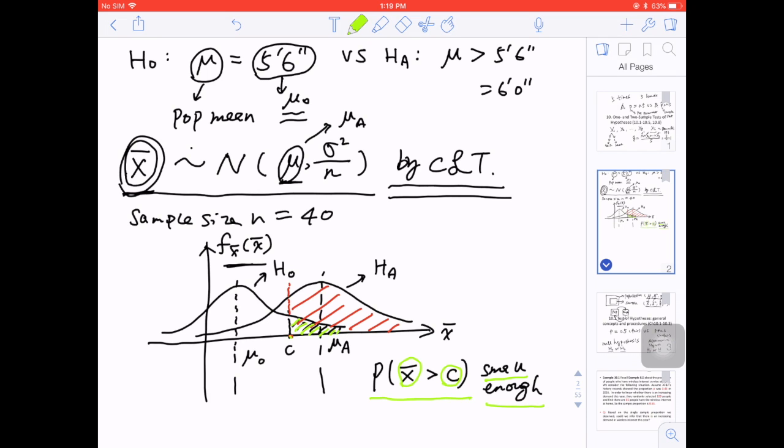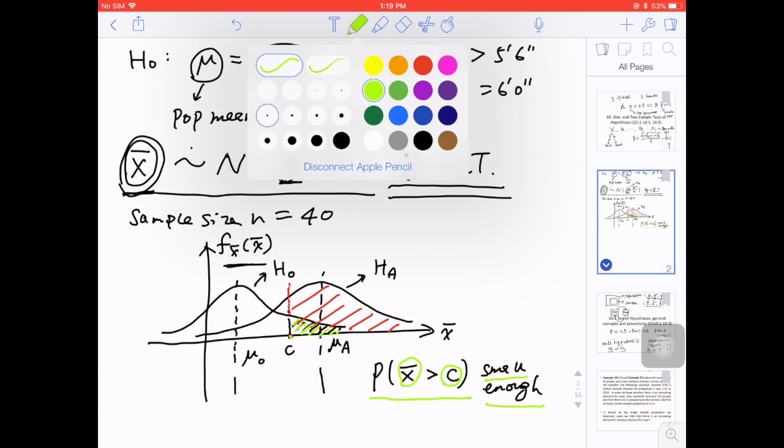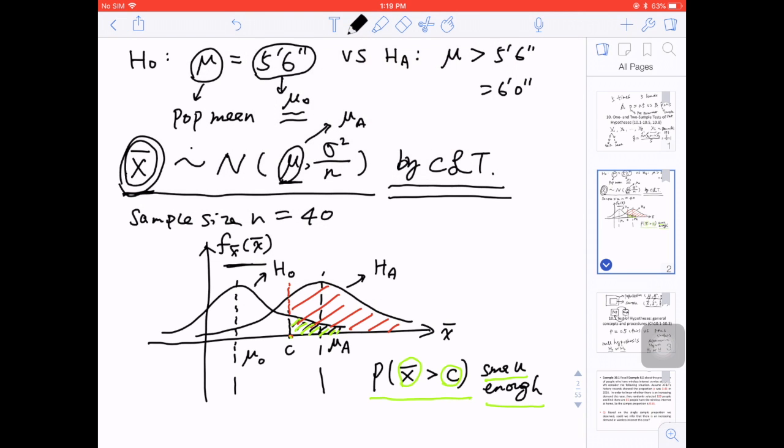So it's more likely to happen under the assumption of HA instead of under the assumption of H0. You see what I'm saying? So in this case, this critical value C can help us decide whether you reject the null hypothesis or not.